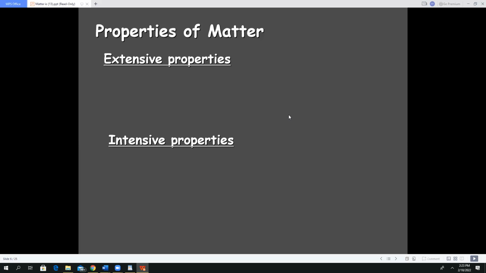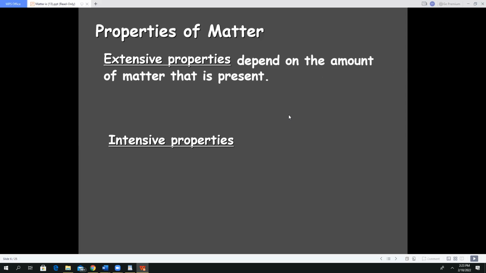And then you have extensive properties, which I was telling you depend on the amount of matter that is present. So like mass, volume, anything that the more of it you have, the more of this property you have.